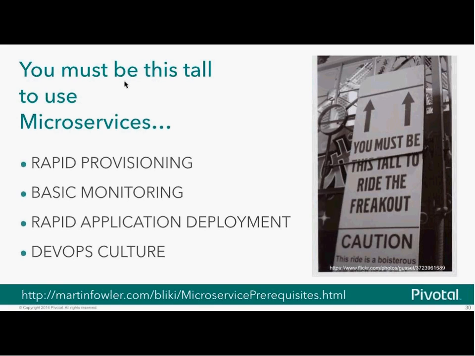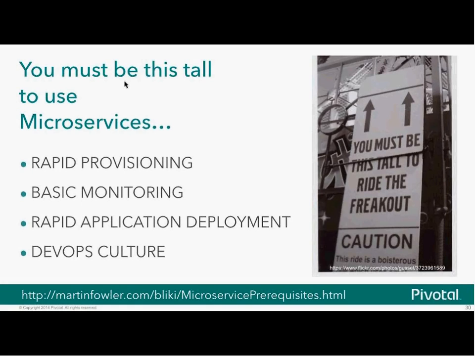So being able to provision new environments very rapidly with the runtime stacks, the middleware stacks, the data services, the message brokers that you need to be able to develop and test and stage and ultimately run in production these systems.